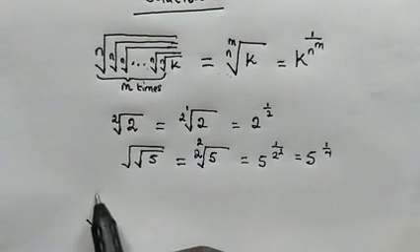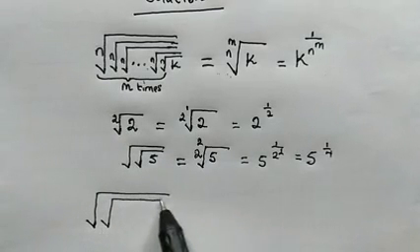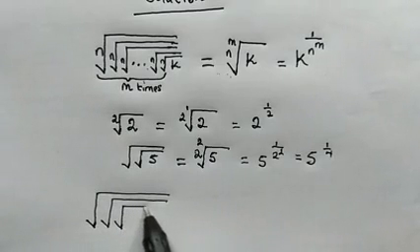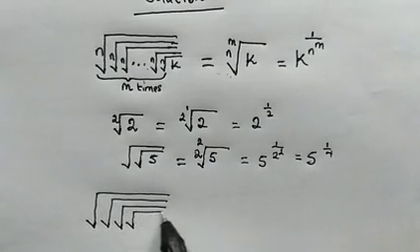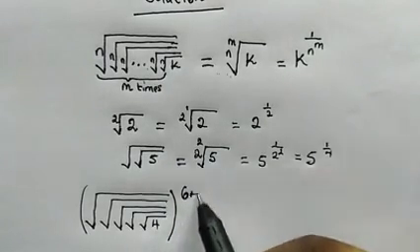Now in today's video, we're going to evaluate the square root of the square root of the square root of the square root of the square root of 4, then to the power of 64. So this is what we're asked to evaluate.